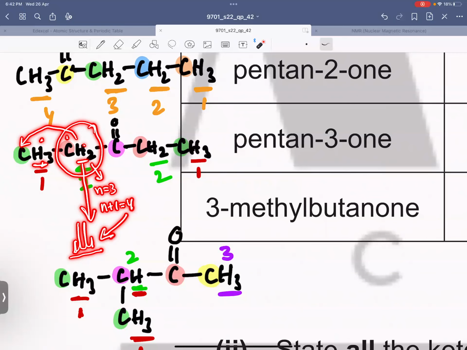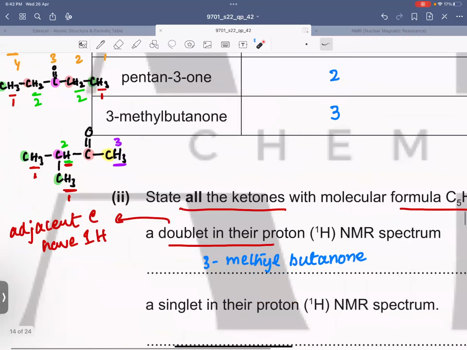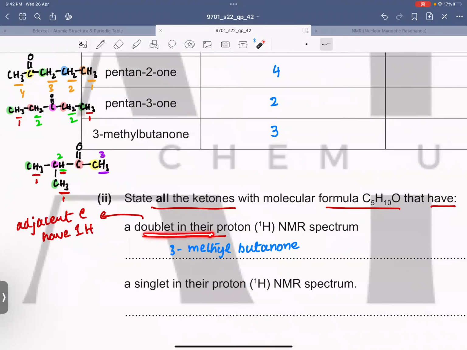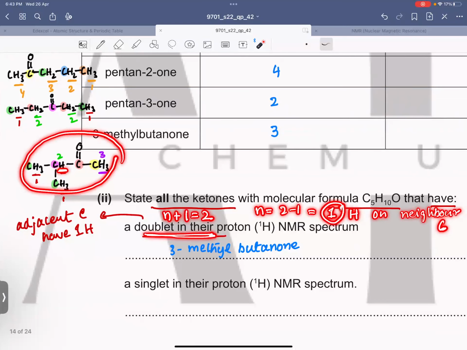Is this understandable or still confusion? No, sir, I understand that. So here they are asking for a doublet in the spectrum. If there is a doublet, it means n+1 is equal to 2, so n is 2 minus 1, which gives 1. So it means 1 hydrogen on the neighbor carbon. This is the only structure where there is 1 hydrogen on a carbon.